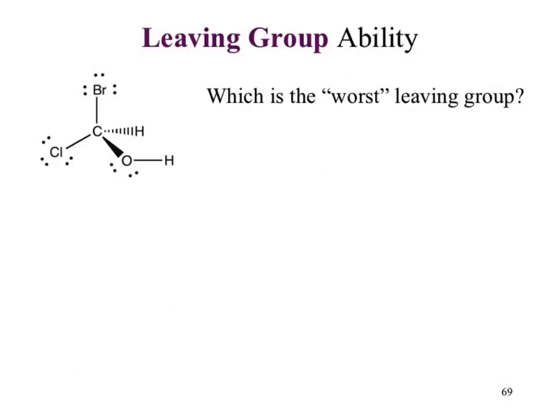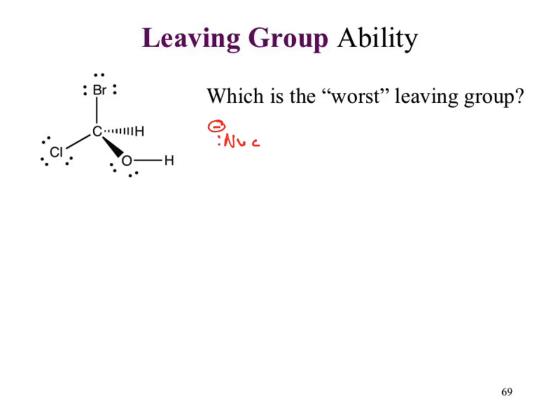Leaving group. If I was to have a nucleophile attack this structure, where is it going to attack? Long pauses, generally a bad idea at this stage. When we look at this structure, where do we want to look? The most reactive atoms, or most electronegative.